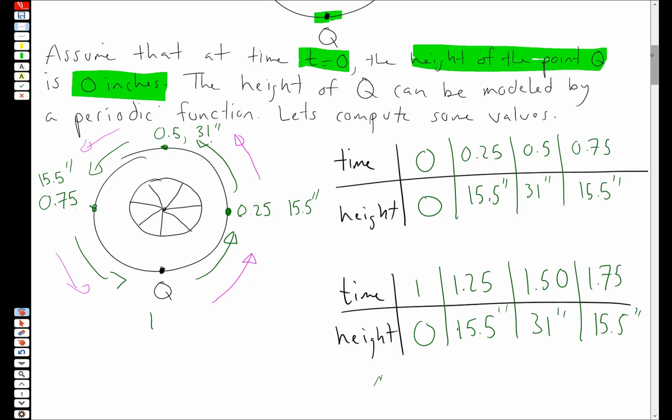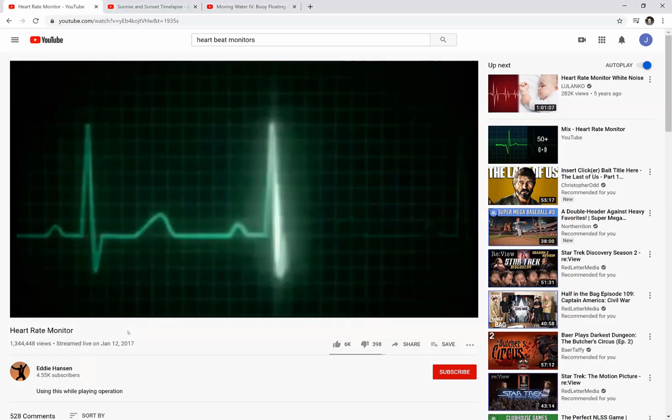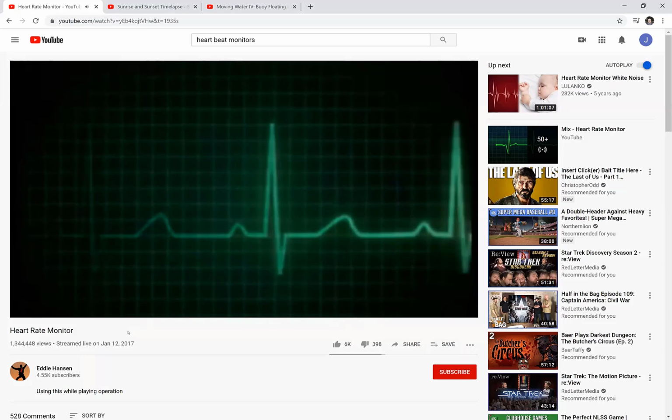Now let's see some other examples that you may not be familiar with. Our first example is a heart rate monitor. This measures a person's heartbeats, basically.